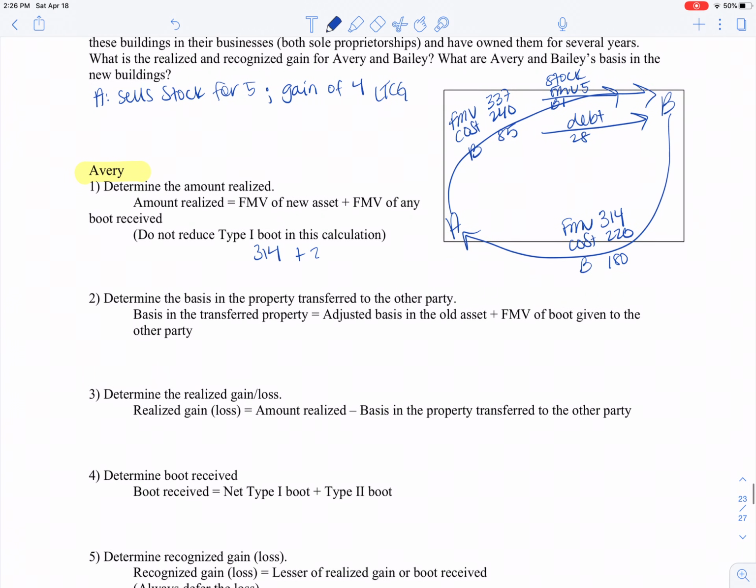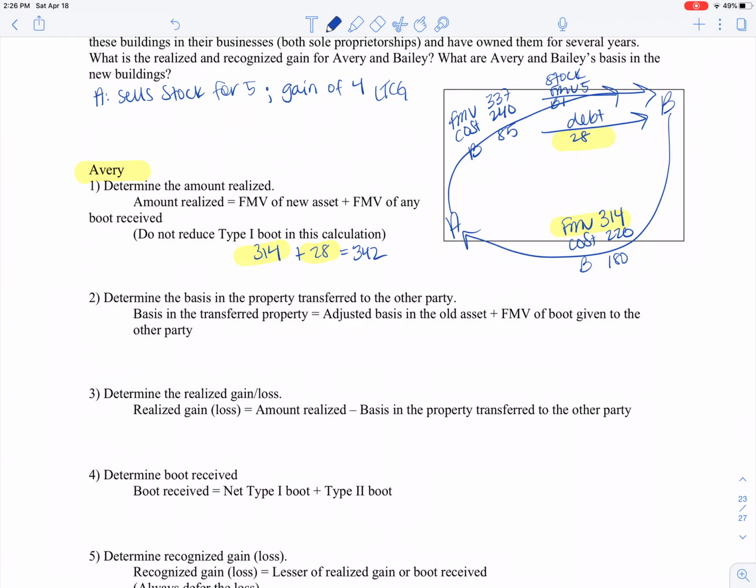So when someone takes on your debt, that is when you receive boot. And so she gets $342. The fair market value of the new asset plus the fair market value of the boot received. And so the boot received is this debt that we're talking about right here that Bailey is taking on. And then the $314 is here.